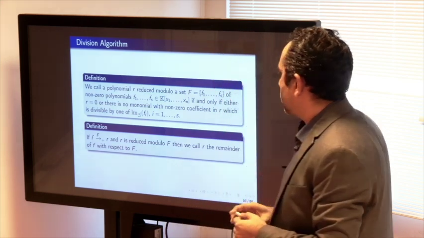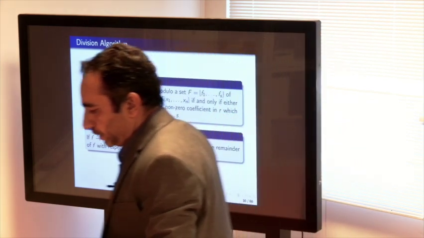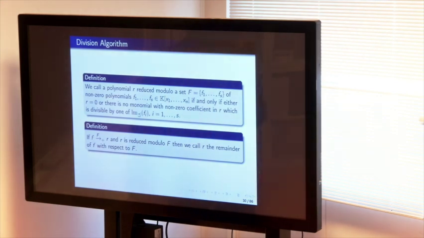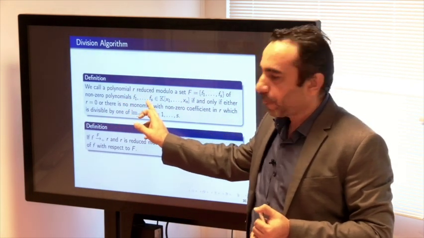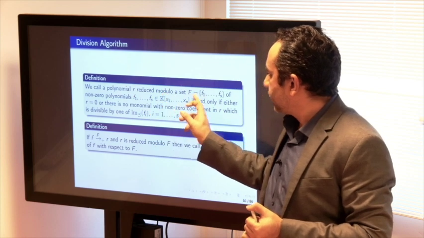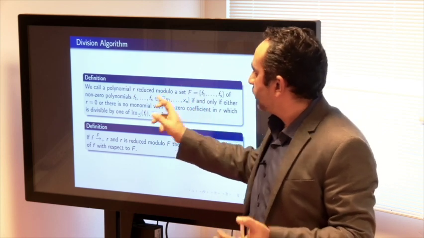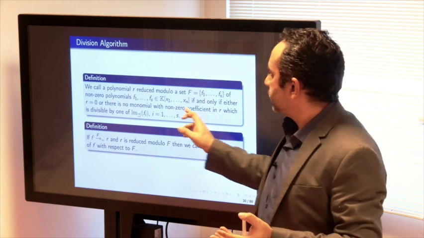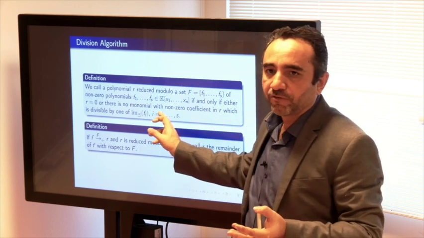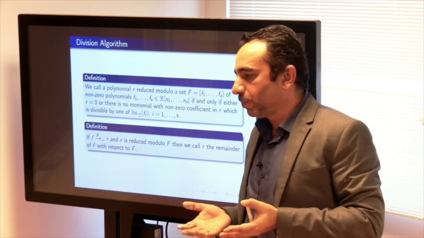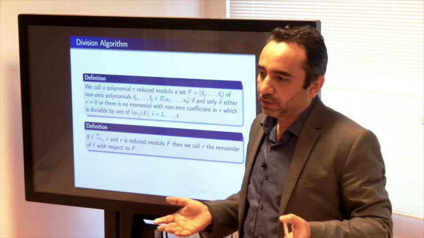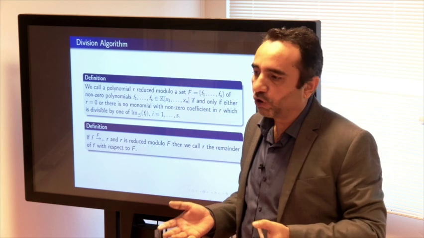This is the definition which I have already discussed. We say our polynomial r is reduced mod a set F of non-zero polynomials f1 to fs. Of course, as in the division between two polynomials, what we divide with should not be equal to 0.